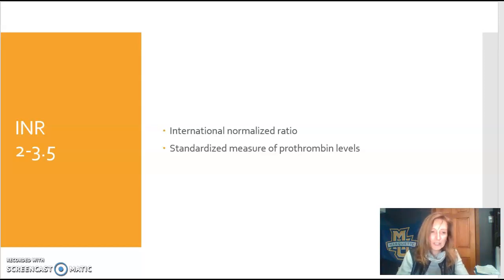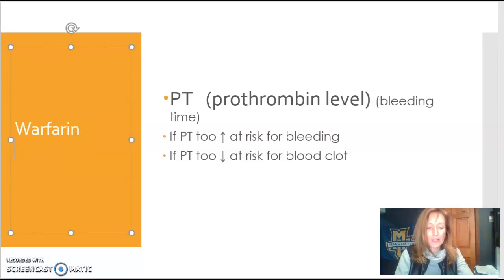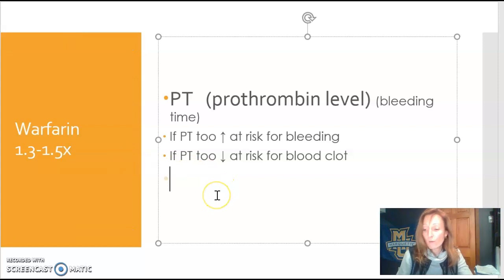Oh, back up one second. Go back to that warfarin level. We know that warfarin should be 1.3 to 1.5 times the normal level when someone is on warfarin, right?